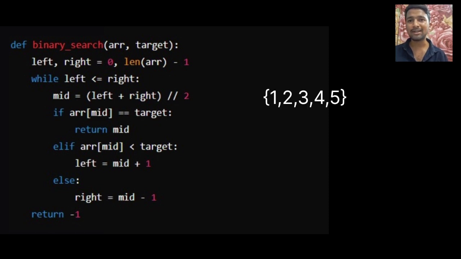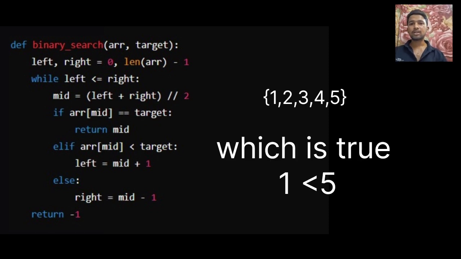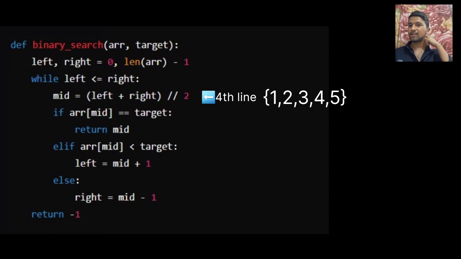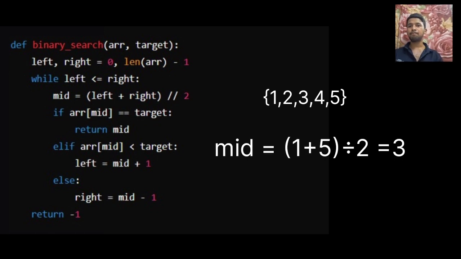Here we have an array list 1 to 5. So left equals 1 and right equals 5, and in the third line we have left is less than or equal to right. In our case, this is true, 1 is less than 5. So mid equals 3 after doing the operations.